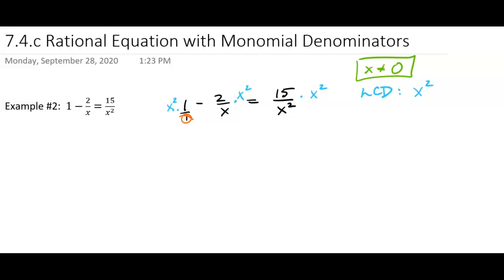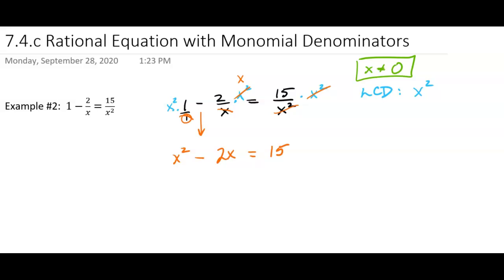It's gone. So now I have x squared times 1, which is just x squared, okay? Minus, it's going to be a minus, that comes from there. This x cancels into x squared with an x left over. So minus 2x equals, and then on the other side, I have x squared and x squared canceling, so I get 15. Okay?